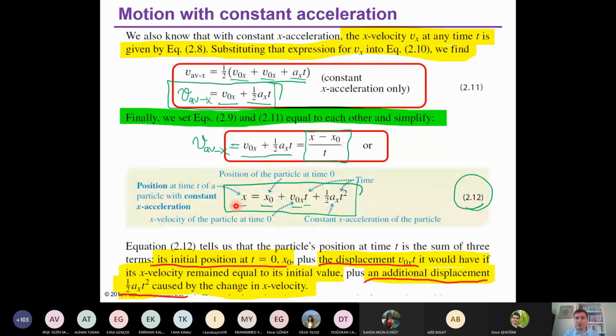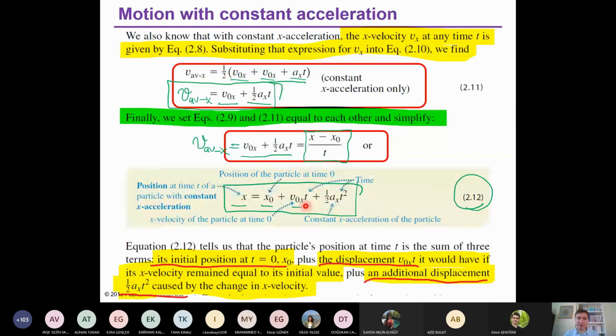Again, the unit of this term is also meter. And here we have a meter per square second. And here we have square of second again. So the unit of this term is also meter. So all these things are showing us displacement of the particle with different meanings.